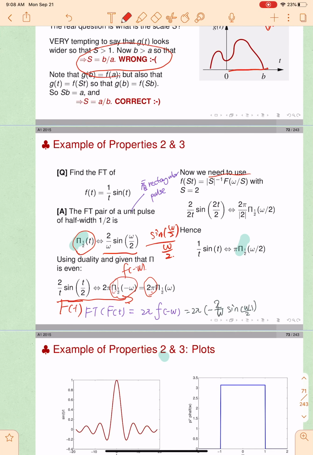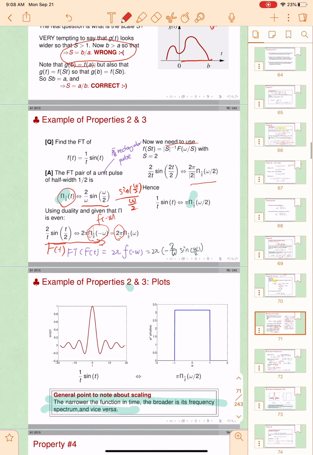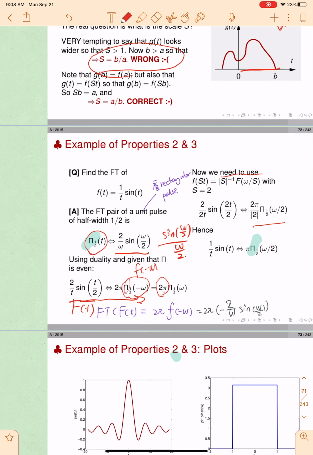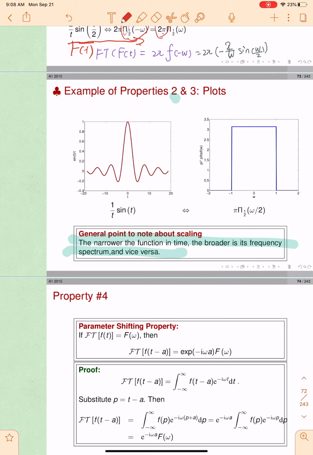You divide by 2 there, then you will get this expression. A general note about scaling: the narrower the function in time, the broader is its frequency spectrum.